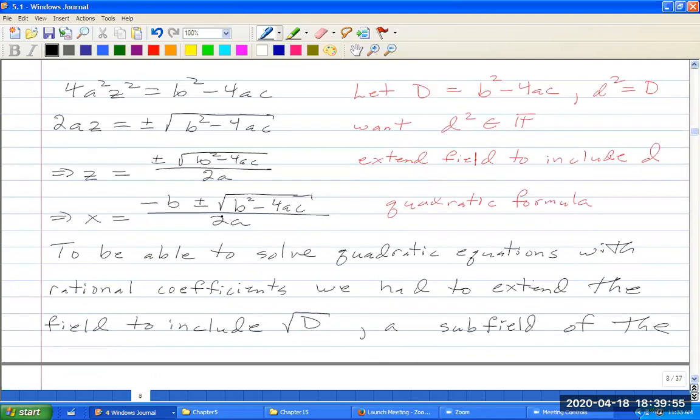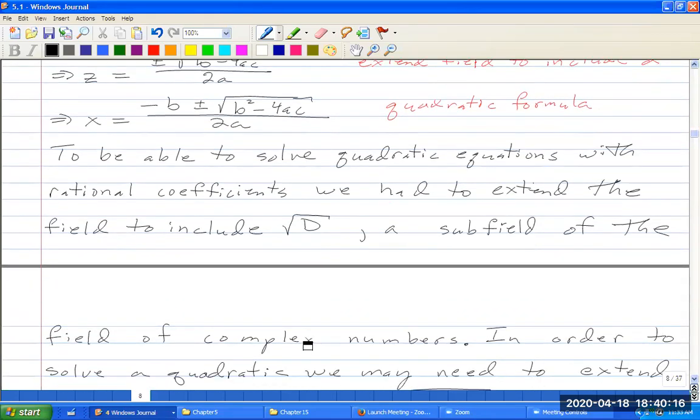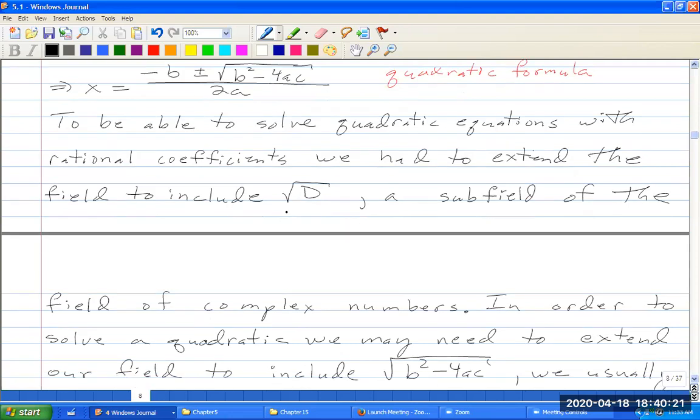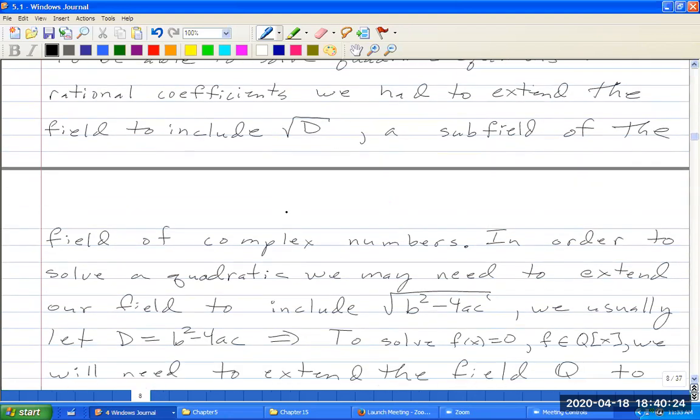So to be able to solve quadratic equations with rational coefficients, we have to extend the field of rational numbers to include the square root of d, which is a subfield of the field of complex numbers. So, to reiterate, in order to solve a quadratic equation, we may need to extend the field to include the square root of b squared minus 4ac.